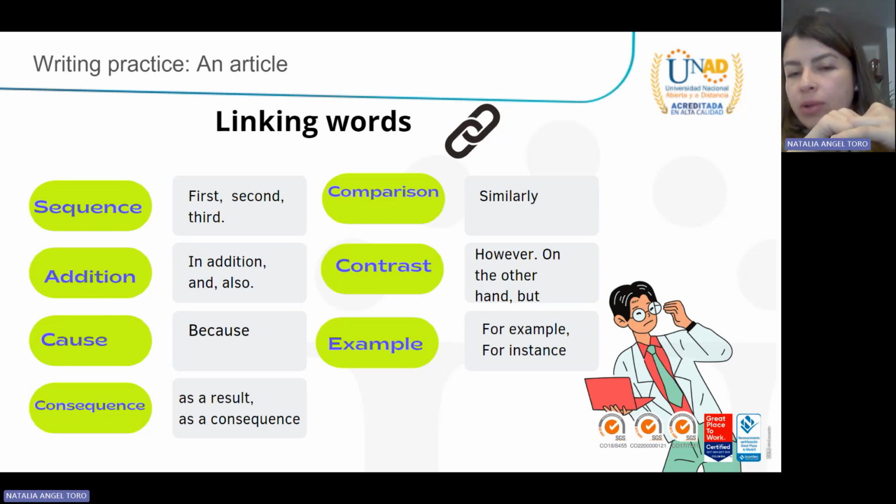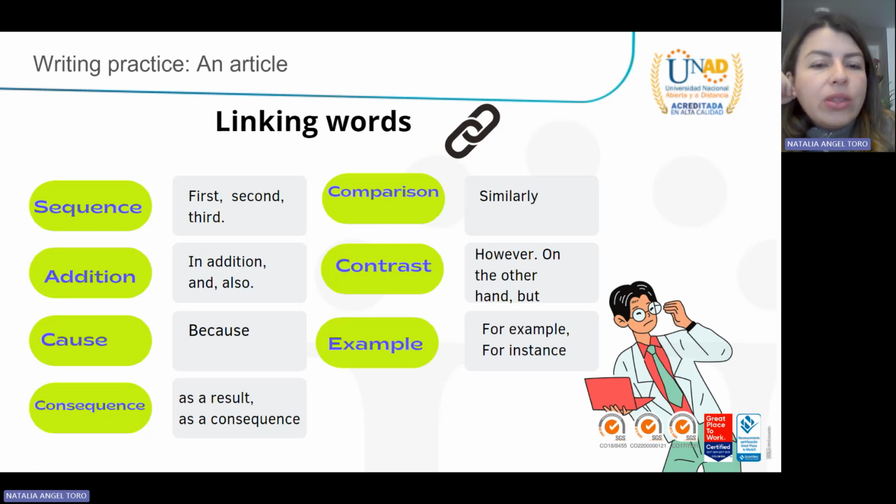To contrast also, and I can say that almost always we are using contrast linking words, like however, on the other hand, but. And finally, to give an example, to explain something, we can use for example, and it's too common to use it, but also for instance. So those ones are linking words.